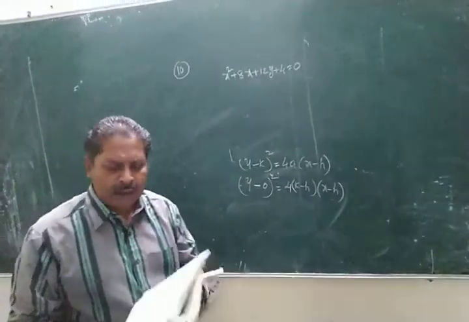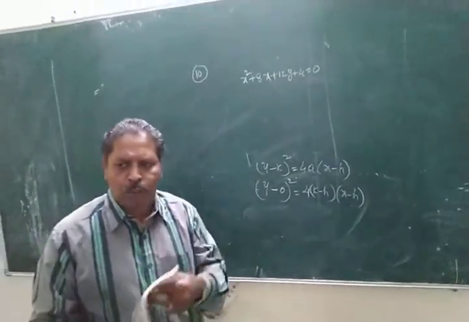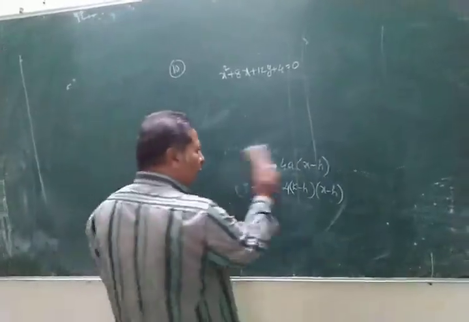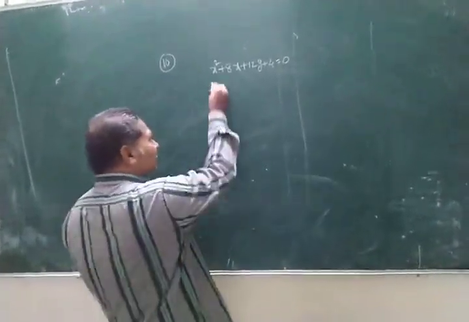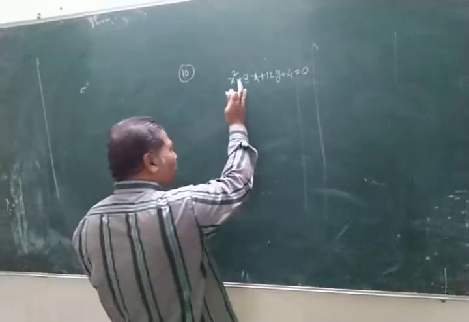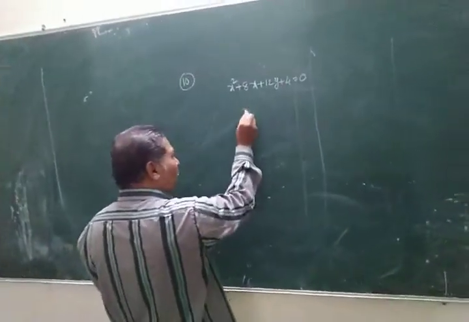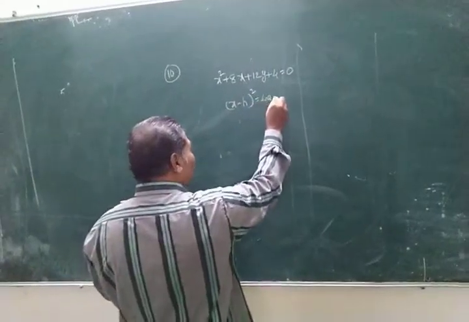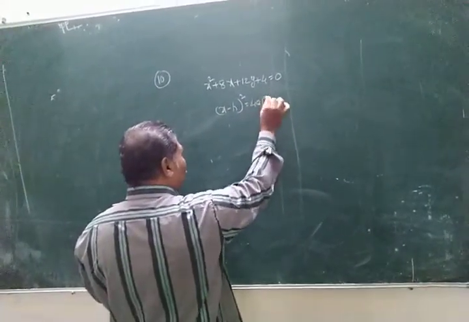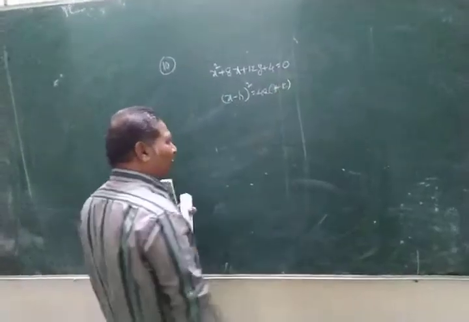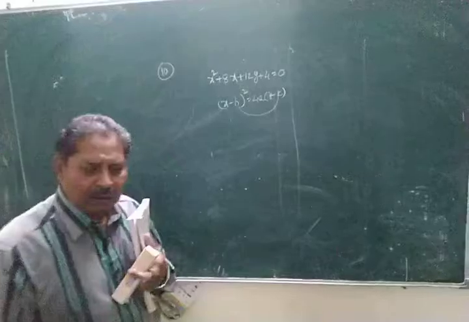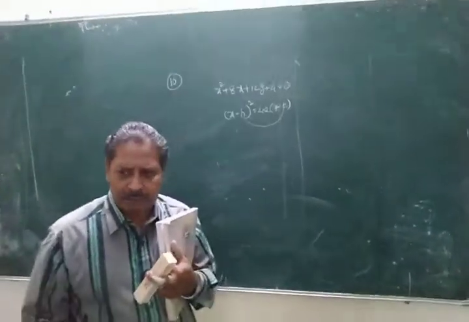There are two methods. Method one: this is an x square parabola. Write this equation in the form (x minus h) whole square equals 4a into (y minus k). Then the vertex is (h, k). That is the first procedure.